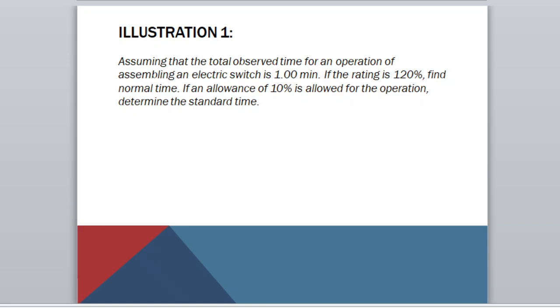Observed time, with a rating of over 100. Okay, that's good.